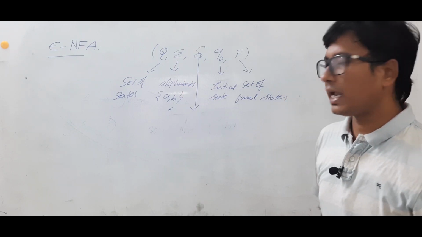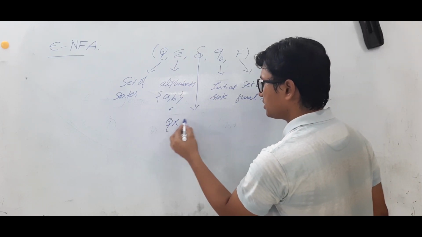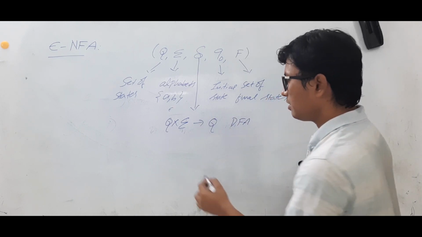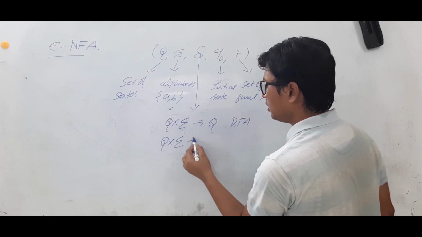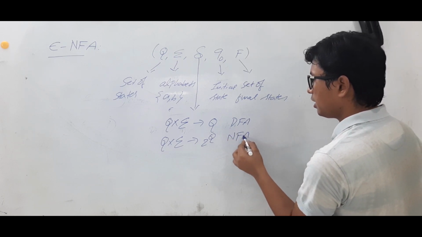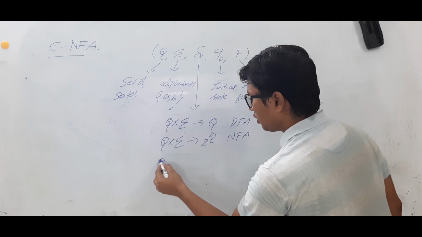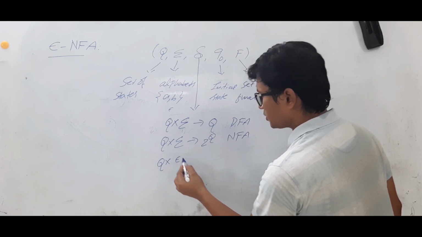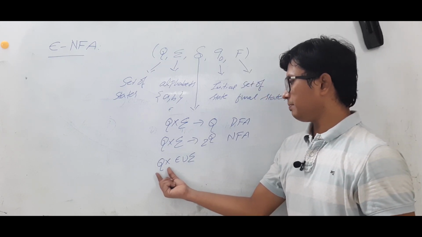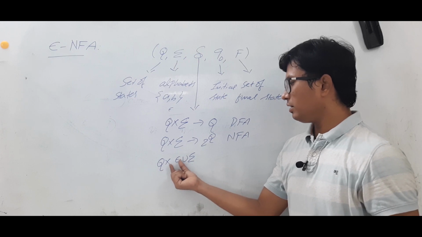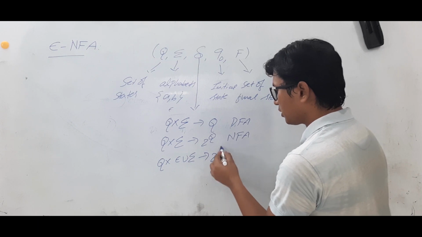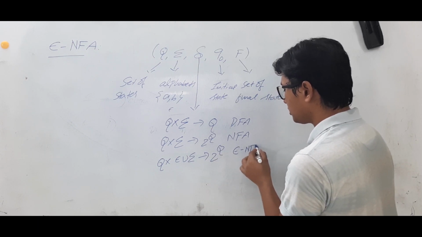Now the transition function for a DFA is Q on sigma, you will go to Q. This is the DFA. For NFA, Q on sigma, you will go to 2 power Q. Okay, this is NFA. Now coming to the Epsilon NFA, Q on epsilon union alphabets. From a state Q on epsilon union alphabets, you will go to 2 power Q. So this is the extra advantage of Epsilon NFA.